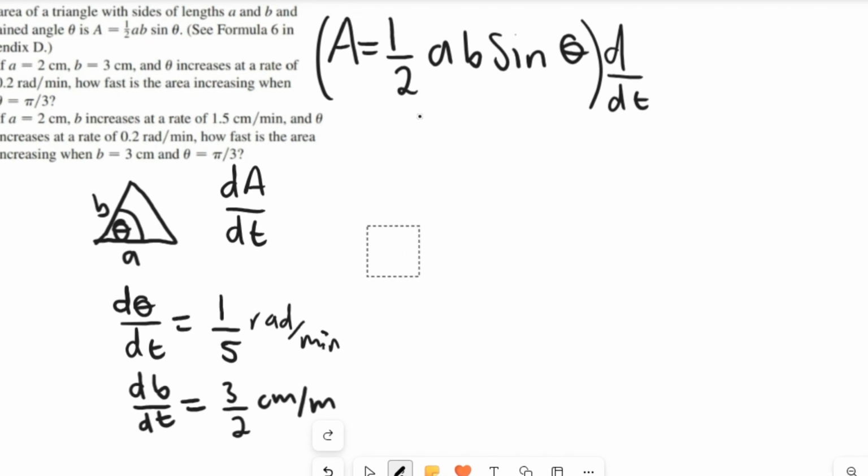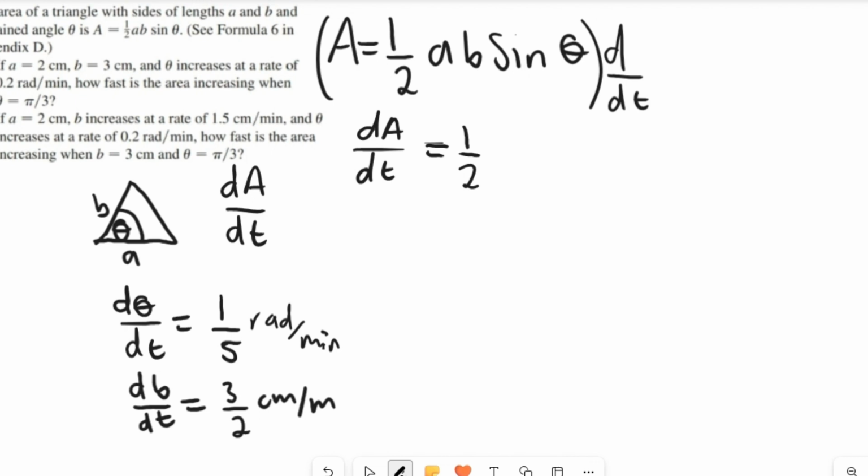Okay, so we have here the derivative of A with respect to time, which is just dA dt. Half is a constant. Take it out, it has nothing to do with this derivative. A is also a constant. They didn't mention anything about A increasing or decreasing, so it's also a constant.